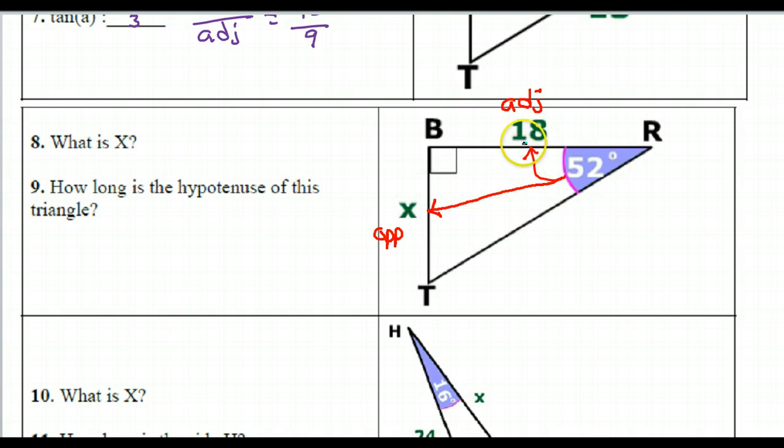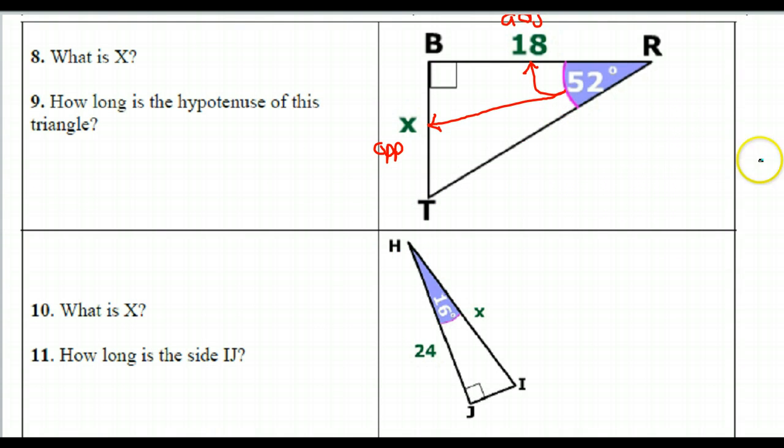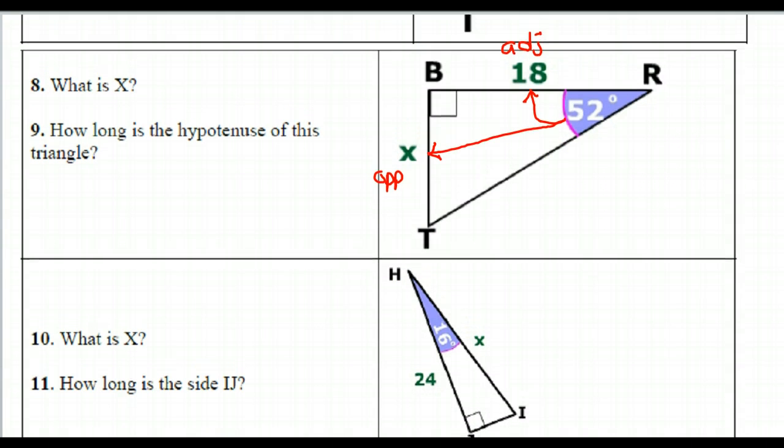So these are the two things we're going to deal with. We have x is the opposite leg, and 18 is the adjacent. Opposite, adjacent. Which trig function is that? That is the tangent function.